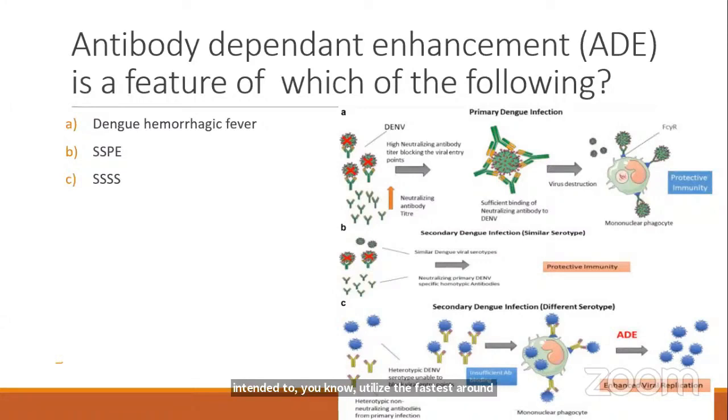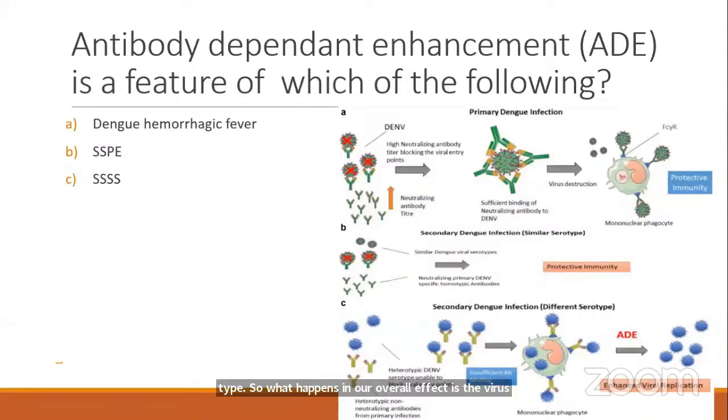Now the neutralizing antibodies produced by the memory cells will go and block the action of the newly produced neutralizing antibody which was intended to neutralize the new serotype. So the overall effect is that the virus will go unchecked.